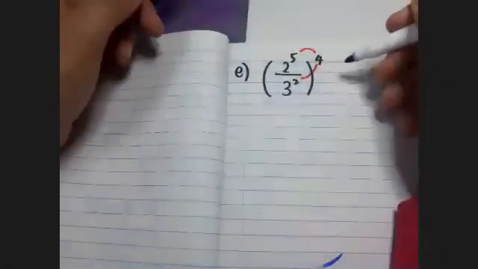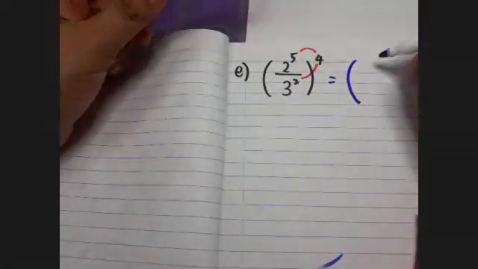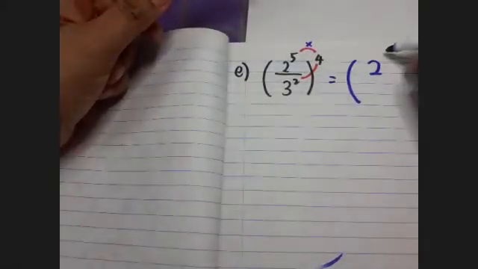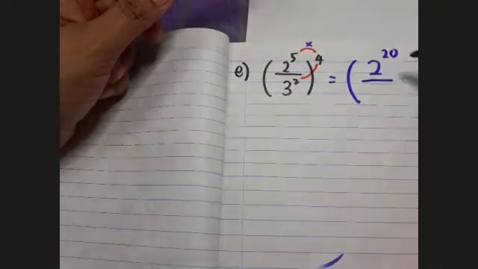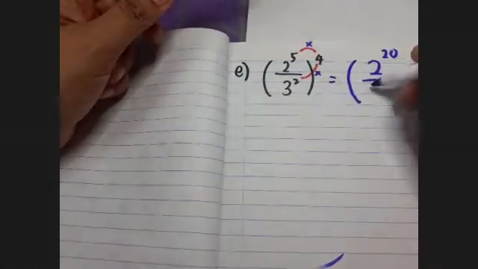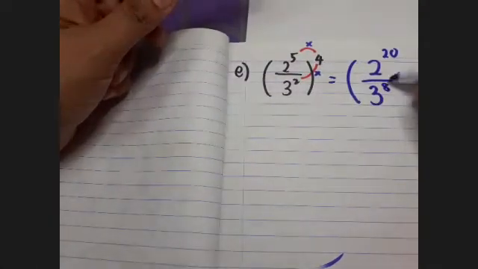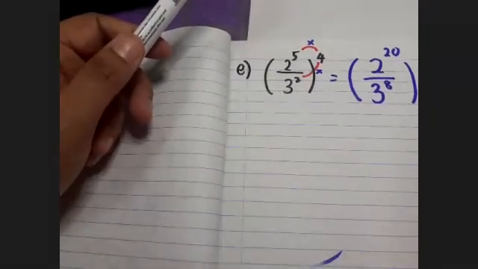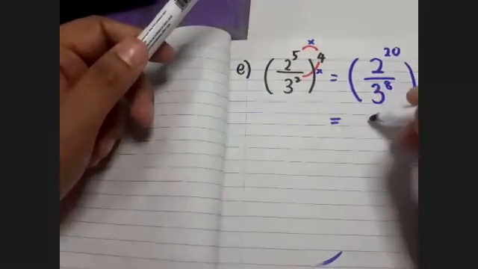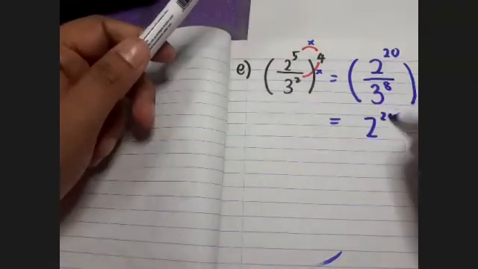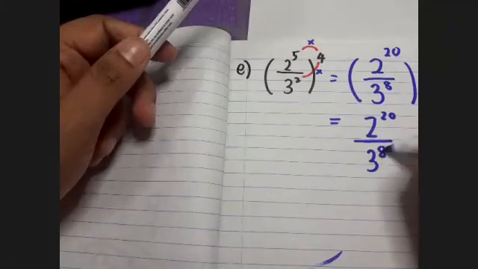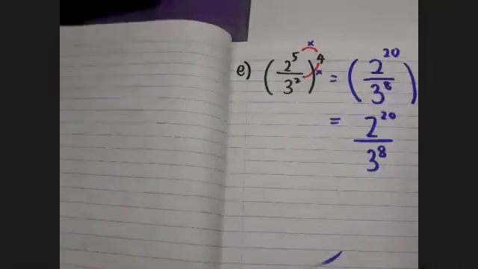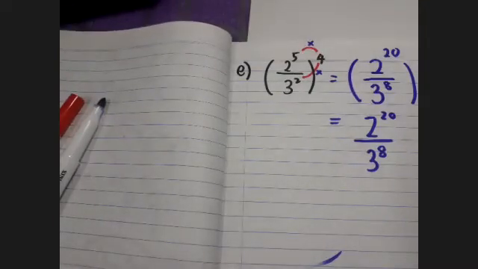So this is equal to, in bracket, 2 power of 5 multiply 4, 20, over 4 multiply 2. This is 3 power of 8. Okay. So this is the final answer. You can write without bracket also. So 2 power of 20 over 3 power of 8 also can. Next, F.